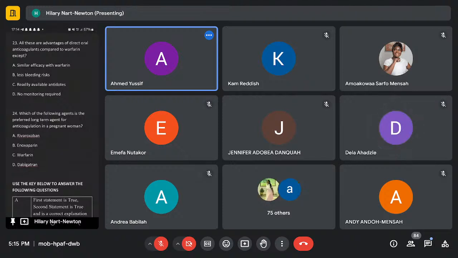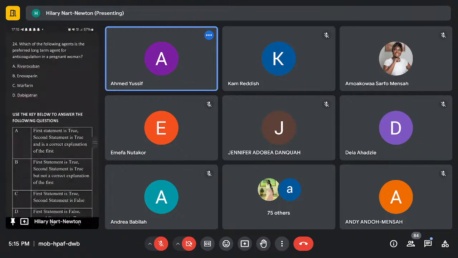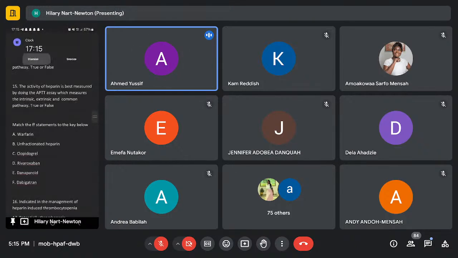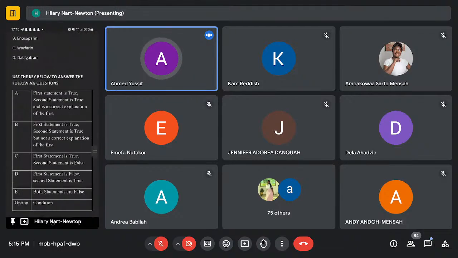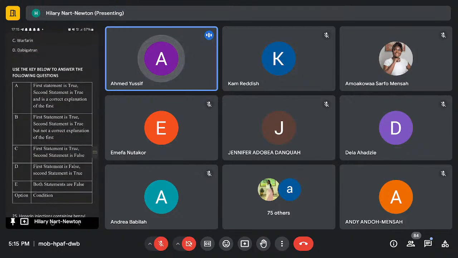Enoxaparin. Okay. Do you agree? For long term, you can use enoxaparin. Do you agree? Or any other answer?